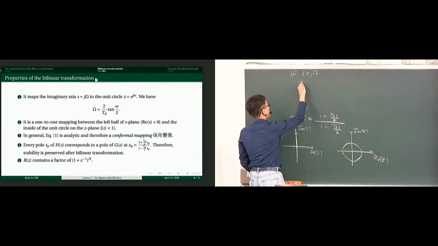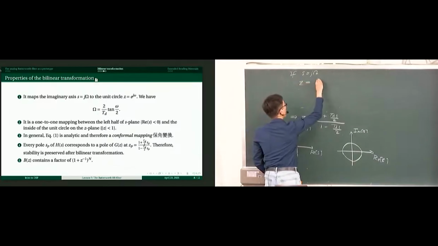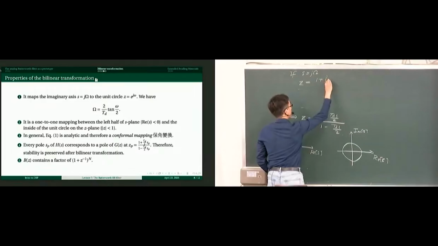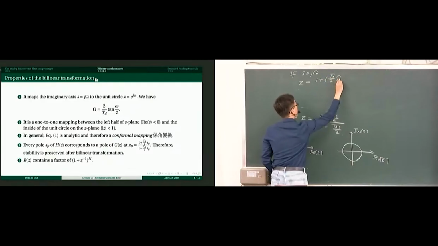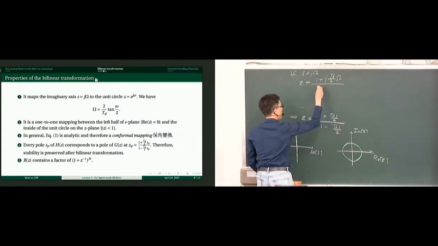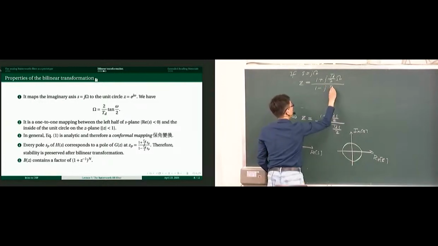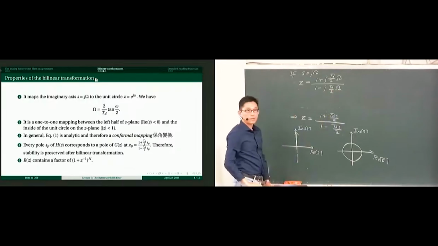Then here we get Z equals (1 plus j T_d over 2 big omega) divided by (1 minus j T_d over 2 omega).